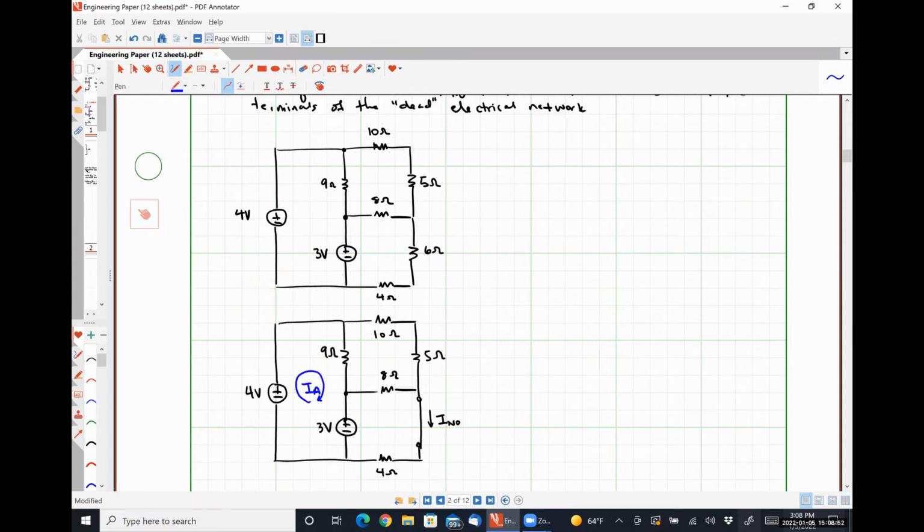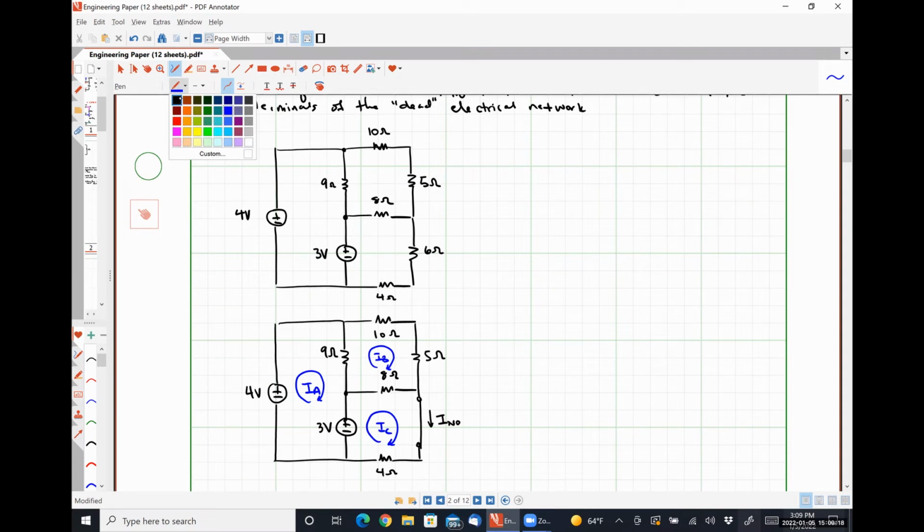So let's call the left-hand mesh IA, the top right-hand mesh IB, and the bottom right-hand mesh IC. And now that we have a short circuit where our 6 ohm resistor was, it should be fairly obvious that our mesh current IC is likely to be non-zero, right?